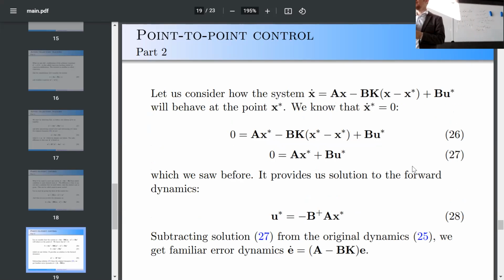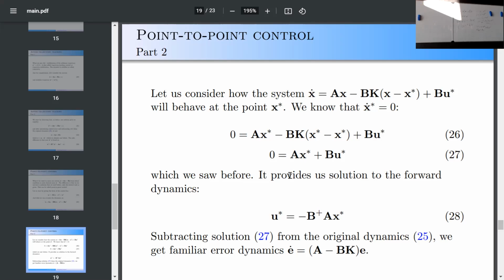What is the trick here? Well, the trick is we know that this should make sense at the point x star, right? This equation governs the behavior of the system at every point. So it should also govern it at the point x star. So let us substitute this x star into the equation.